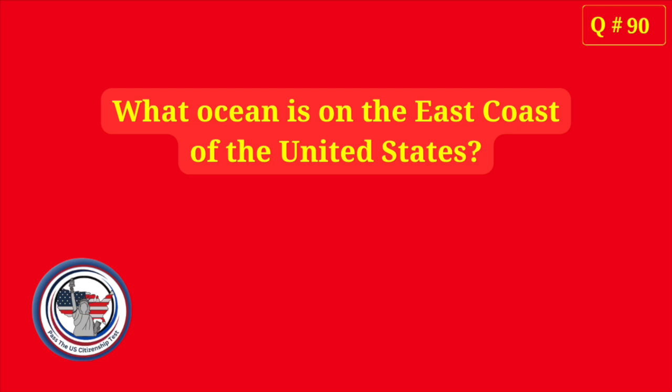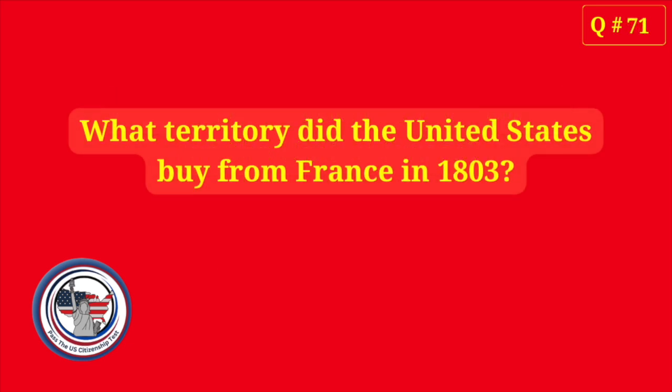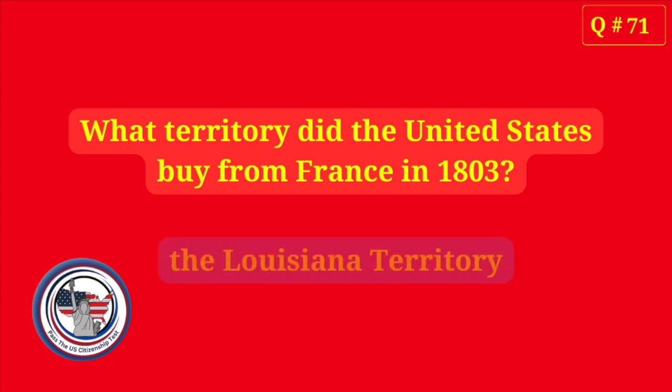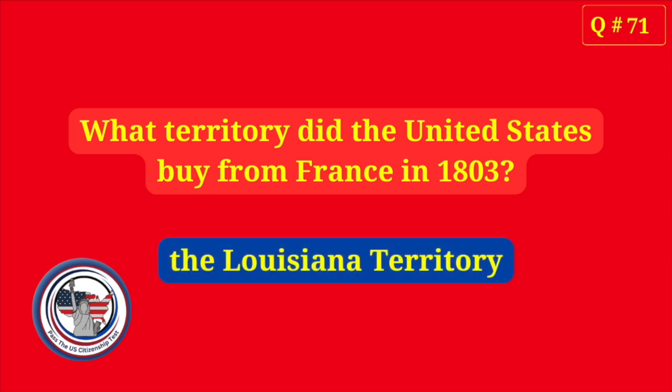What ocean is on the east coast of the United States? Atlantic Ocean. What territory did the United States buy from France in 1803? The Louisiana Territory.